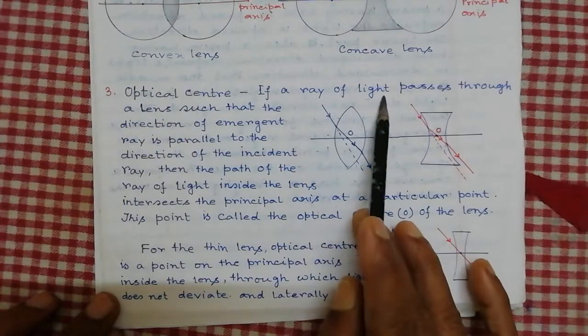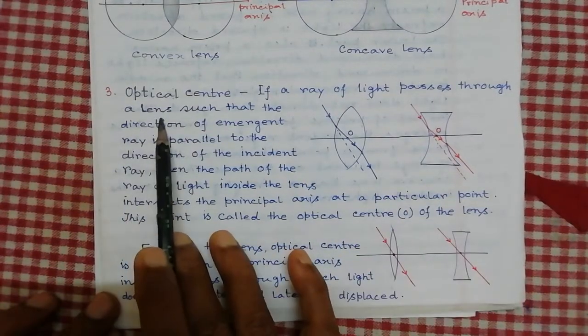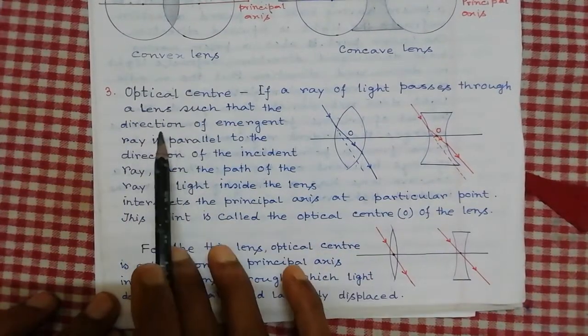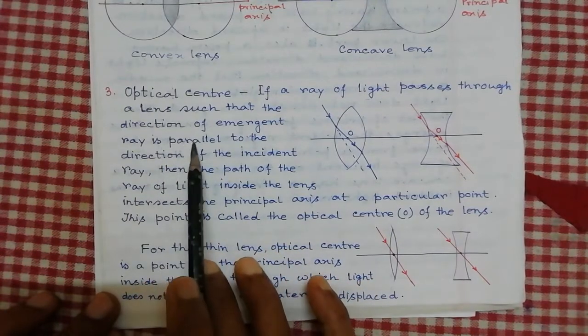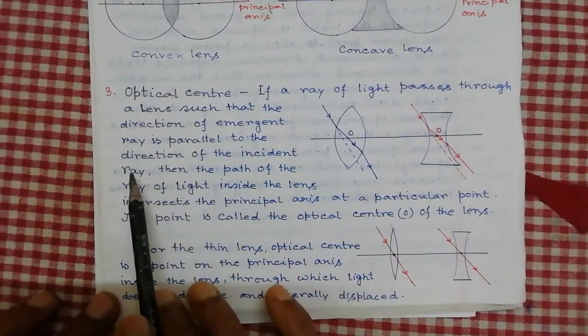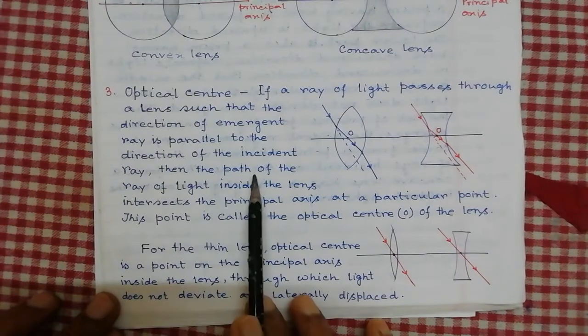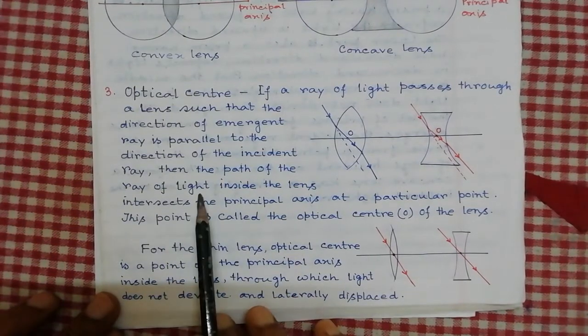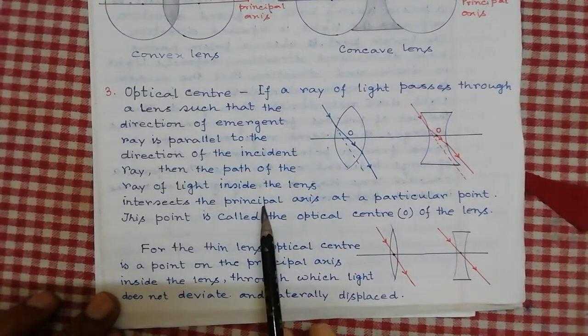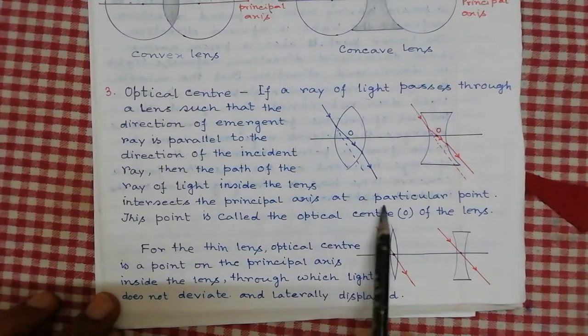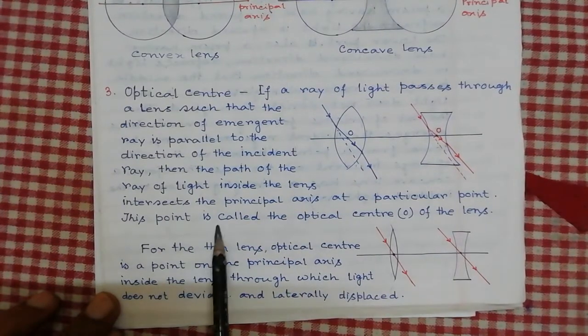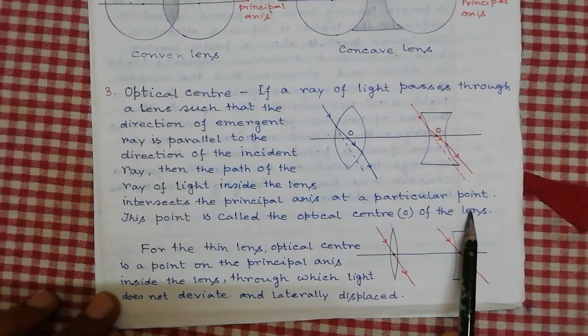If a ray of light passes through a lens such that the direction of the emergent ray is parallel to the direction of the incident ray, then the path of the ray inside the lens intersects the principal axis at a particular point, and this point is known as the optical center.